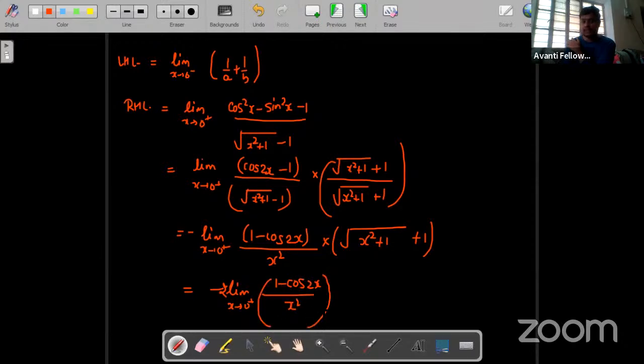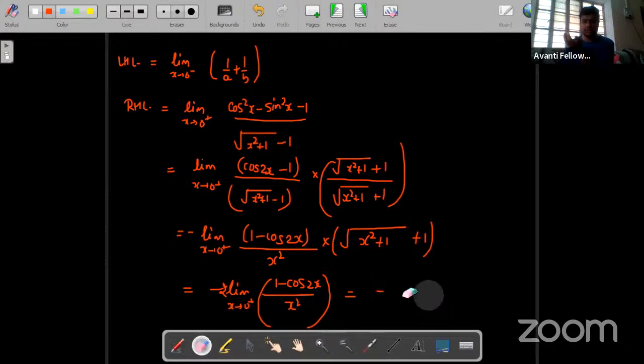And this is the basic limit which we have learned: 1 minus cos 2 theta upon theta square. What is the value? Minus 2. Sorry, 2. So we'll be getting, or you can use L'Hôpital's rule also.